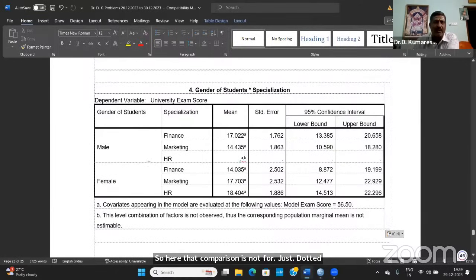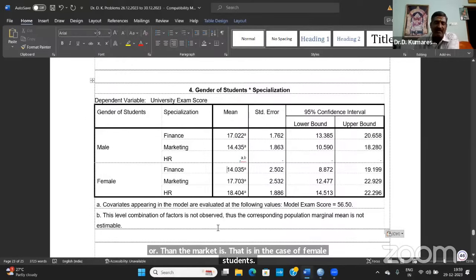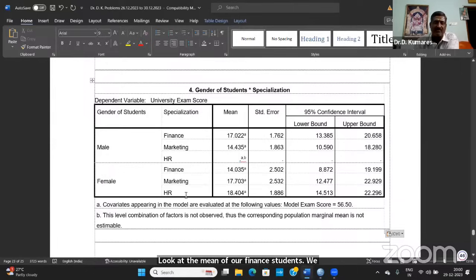So among the male students, finance students have performed better than the marketing students. Whereas in the case of female students, look at the mean of finance students, mean of marketing students, and mean of HR students.